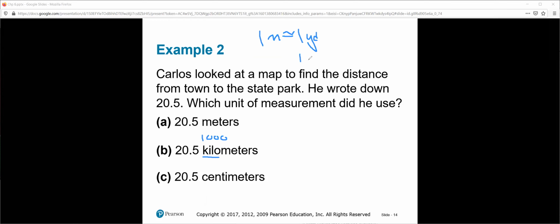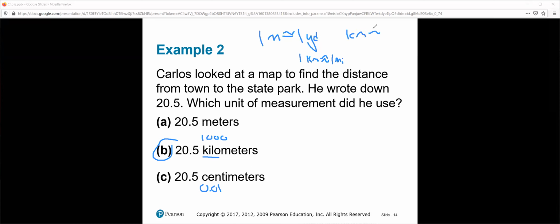Kilometer is, again, you're talking miles at that point. Well, that could make sense: the state park 20 miles outside of town. Centi is hundredth. Tiny, right? The closest thing to a centimeter is, I think, about half an inch or something like that.